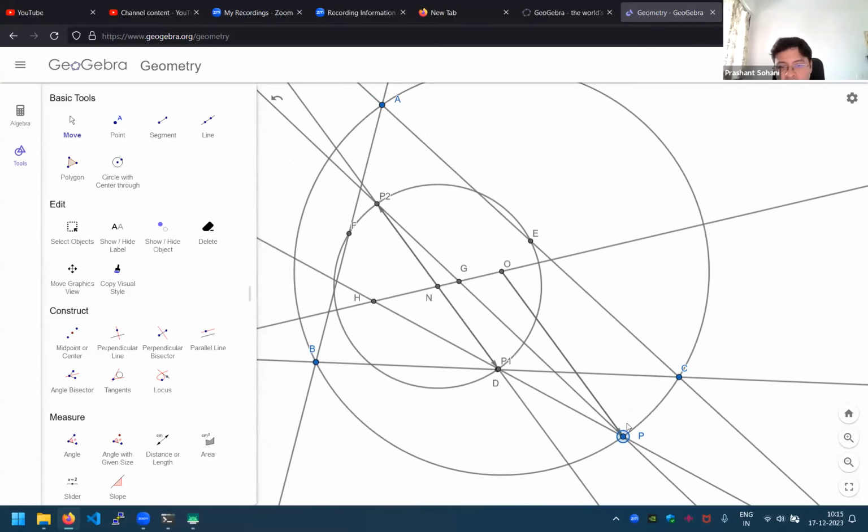Do you see anything interesting about this point P? What should this point P go to? Where should it lie when this P1 is at N?